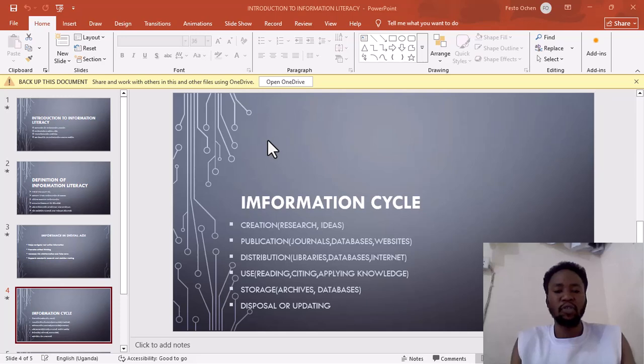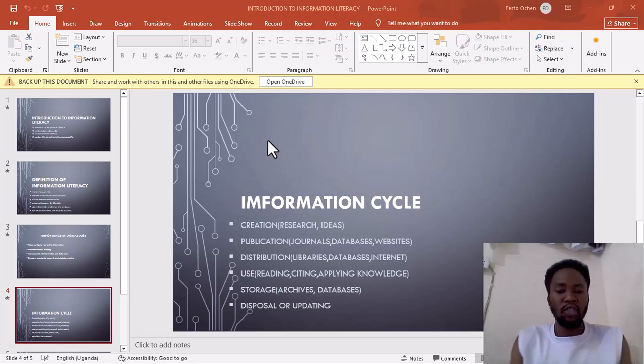Thereafter, the next process is publication of the work, which you can publish in the form of journals, databases, websites, and the rest. The next one is distribution, where you will find it in libraries, in databases, on the internet and various sources. After getting it from distribution, you use it.